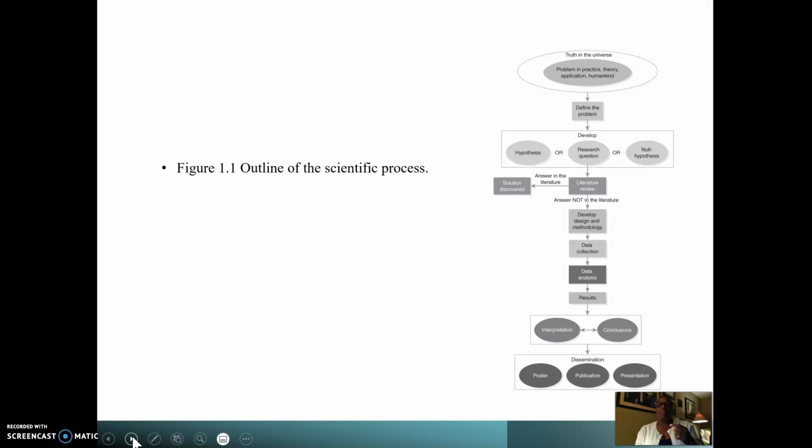From there, we look at literature that is already out there, to see if there is an answer in that literature. We'll then develop a design and methodology. The next step would be data collection, then analysis of that data, gaining results, interpreting that data, and drawing our conclusions. And once we have the conclusions, what's really important is being sure that we disseminate that information, either from a poster, publication, or a presentation.